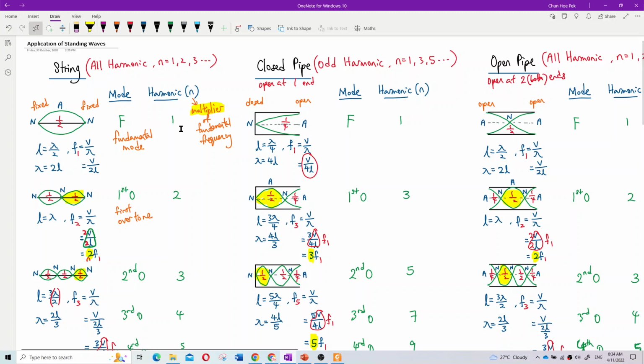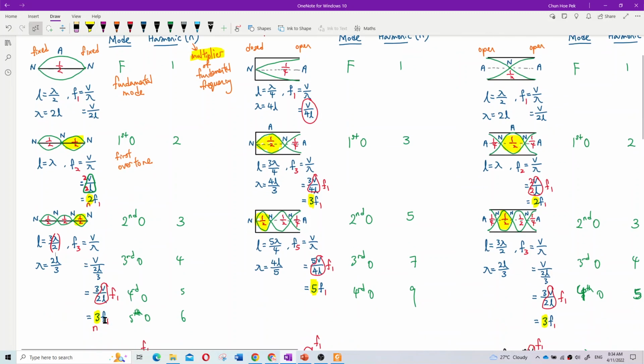So if the frequency is 2 times, like this one, 2 times the fundamental frequency, then the harmonic number is 2. If the frequency is 3 times the fundamental frequency, then the harmonic number is 3. If the frequency is 4 times the fundamental frequency, then it's 4th harmonic.